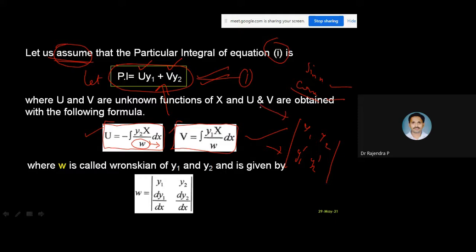In the first row, I will keep y1 and y2 as they are. In the second row, I will substitute the derivatives, and I will find the determinant of this 2 by 2 matrix. Is there any difficulty in finding the determinant of 2 by 2? No. Okay, so from that I will get the determinant value.